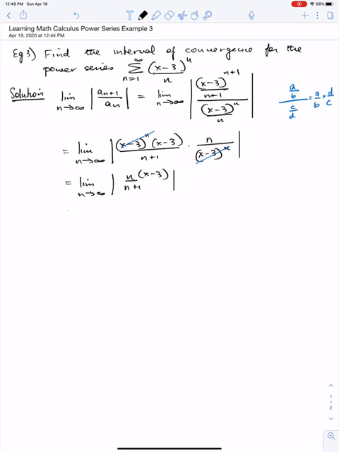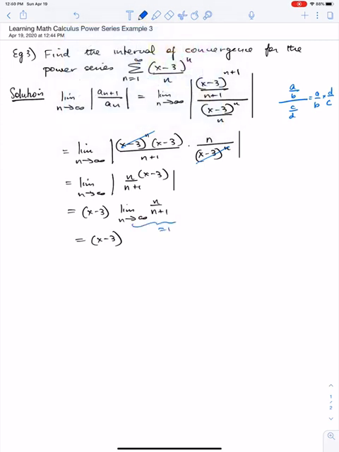So I can factor out the x minus 3. It's a constant with respect to n. So the limit as n tends to infinity of n over n plus 1. And I hope that now a simple limit like that is very easily seen to be equal to 1.